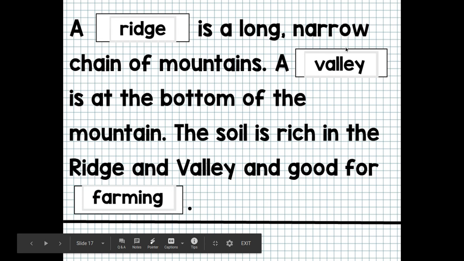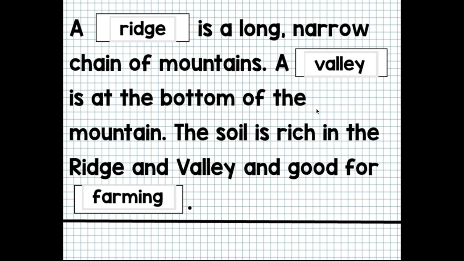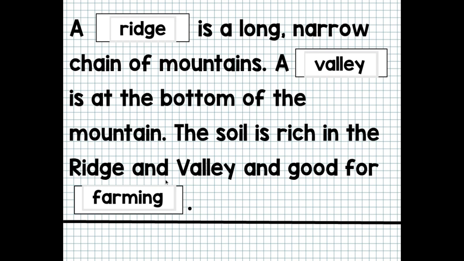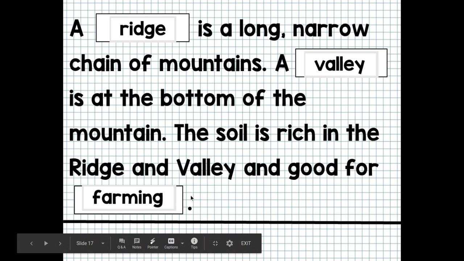A ridge is a long, narrow chain of mountains. A valley is at the bottom of the mountain. The soil is rich in the ridge and valley and good for farming. Remember, we said they were able to grow corn and wheat in this area of Georgia.